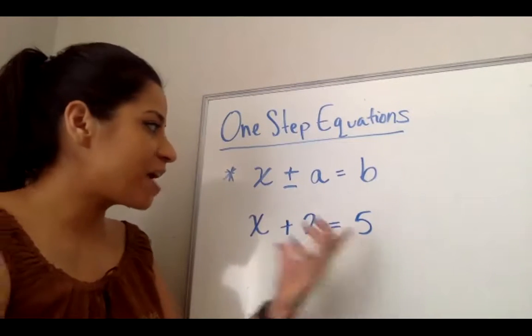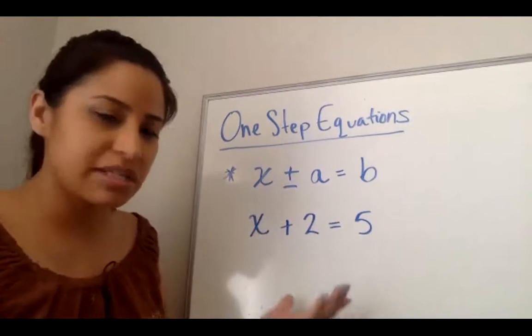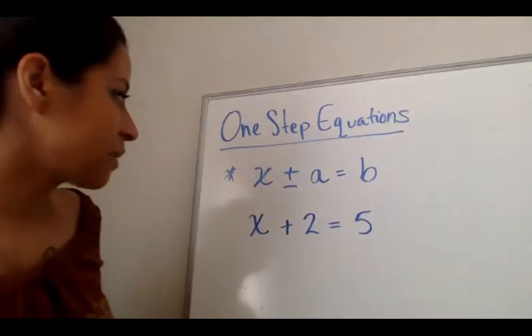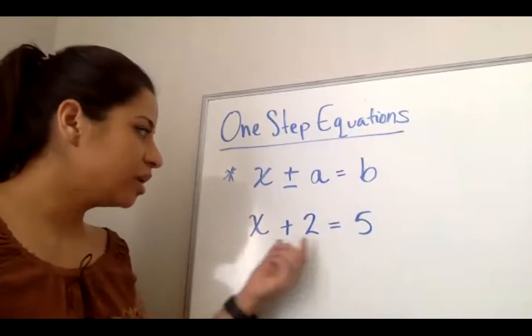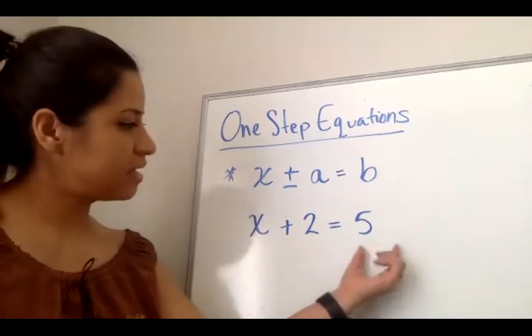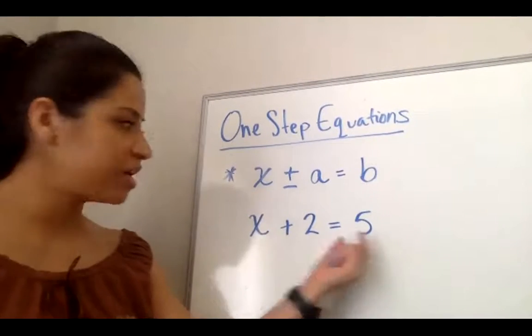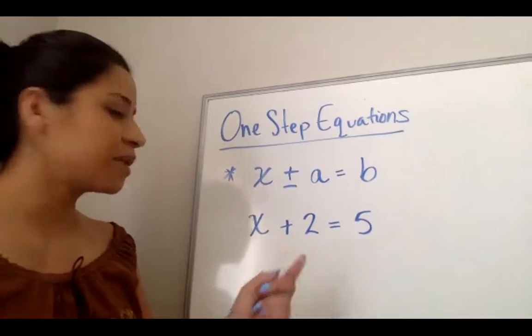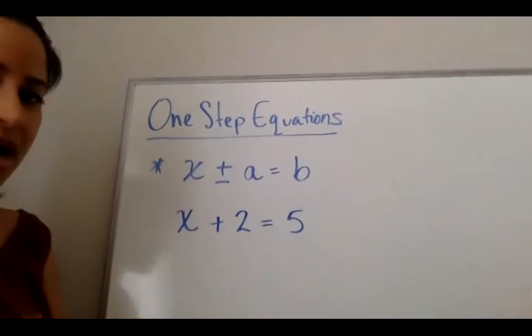These numbers could be fractions, decimals, or larger numbers. I just chose simple numbers so it could be nice and simple. But there will always be a variable, a number on this side, a number on the other side of the equation, and either a plus sign or a minus sign for these types of one-step equations.